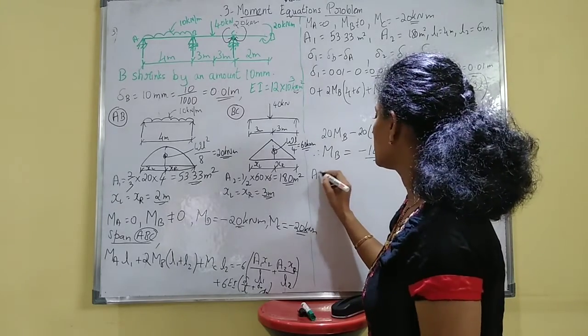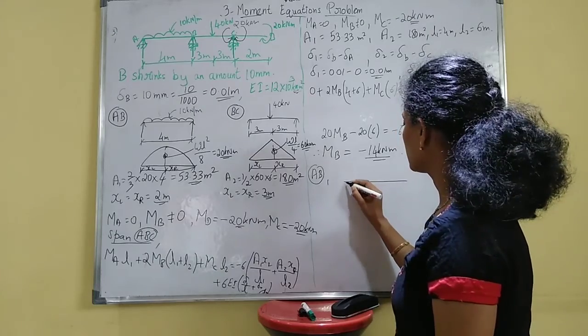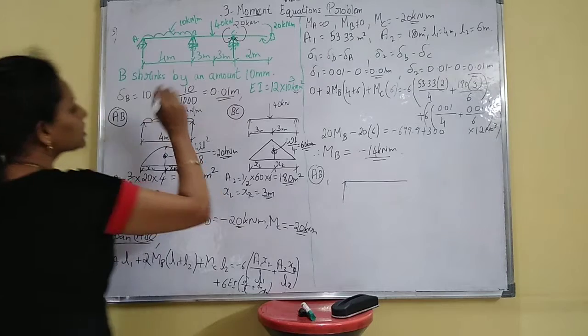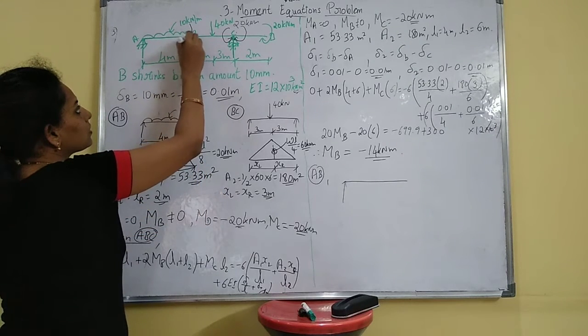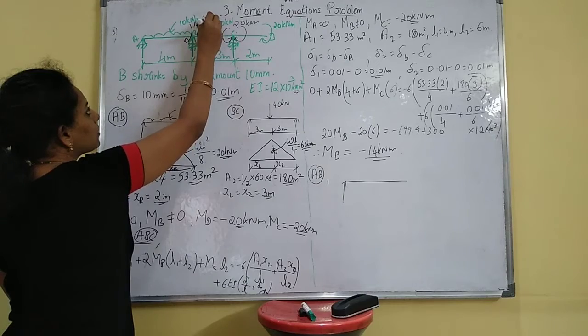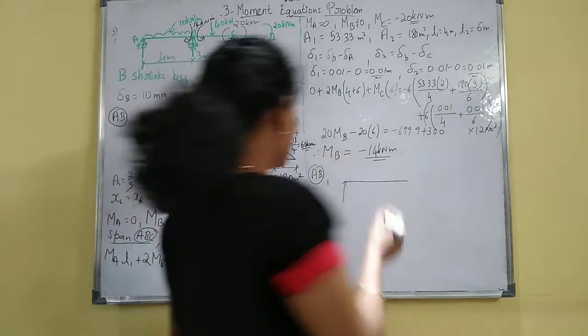So first AB, can write it here, minus 14, so it is hogging again, kilonewton meter, here it is 0.